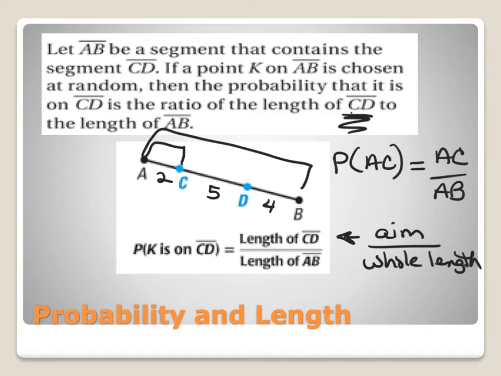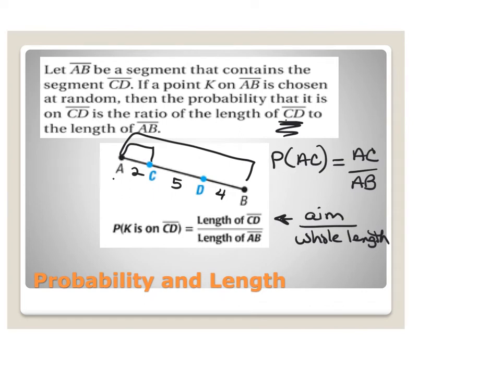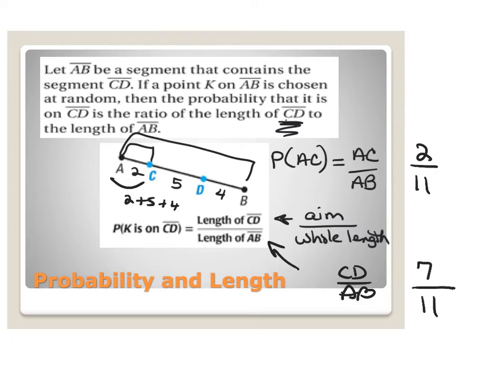So if I said, let's find the probability of AC, I would put AC as 2. AB would be 2 plus 5 plus 4, and it would be over 11. Or if I did the one that they wrote right here, CD over AB, well, CD I could find by doing 2 plus 5, it's 7 over the whole thing.